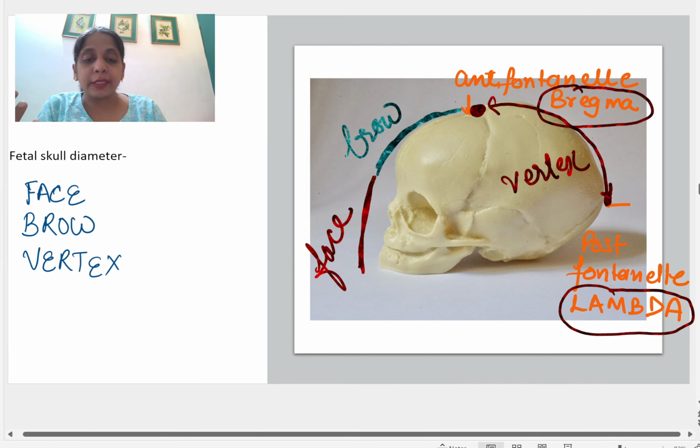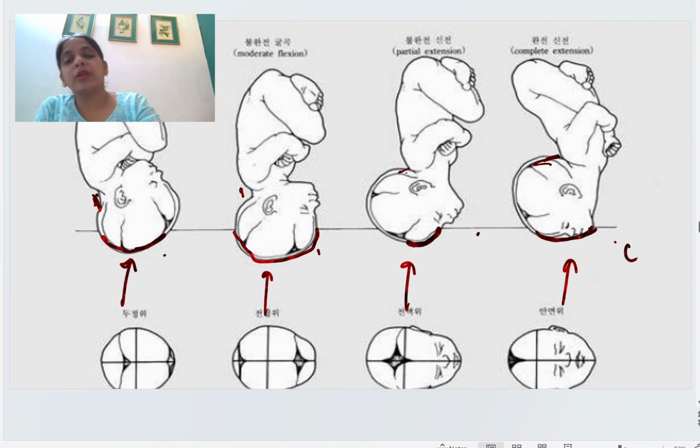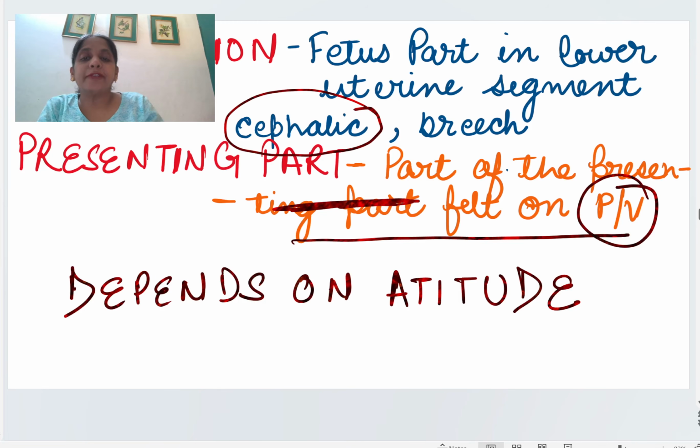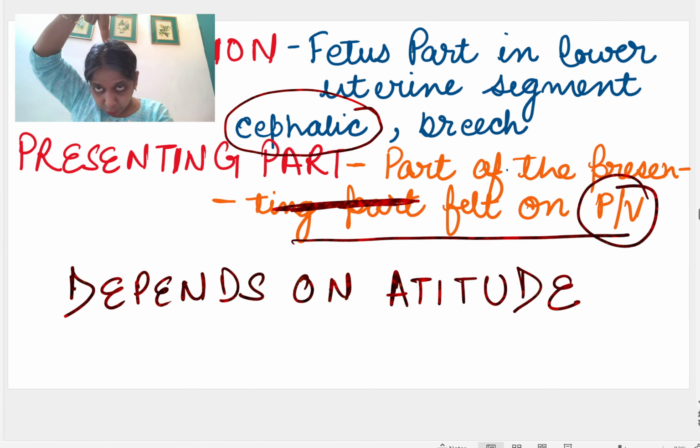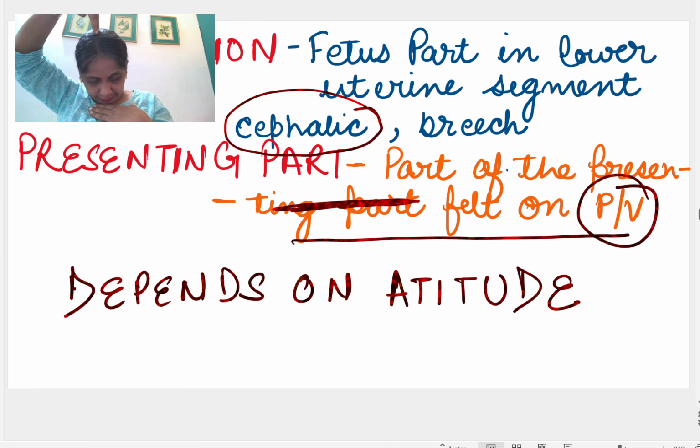Which part is felt on PV depends on how the neck is flexed, that is, the attitude of the fetus. Whether the fetus is a decent fetus or an egoistic fetus. When the fetus is decent, it will be flexed. When we do the PV, we feel this top part. If the head is flexed, we feel the vertex.